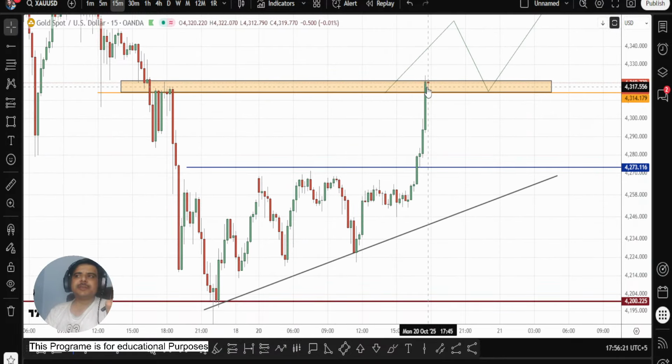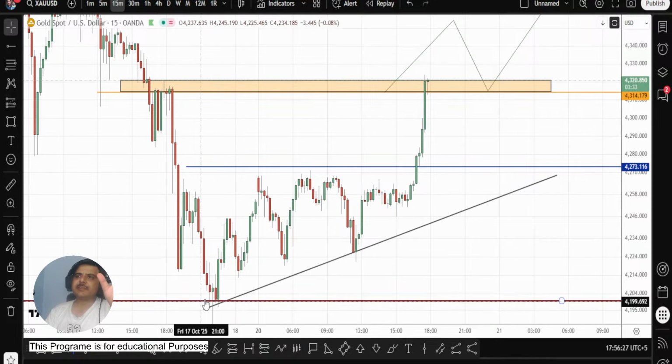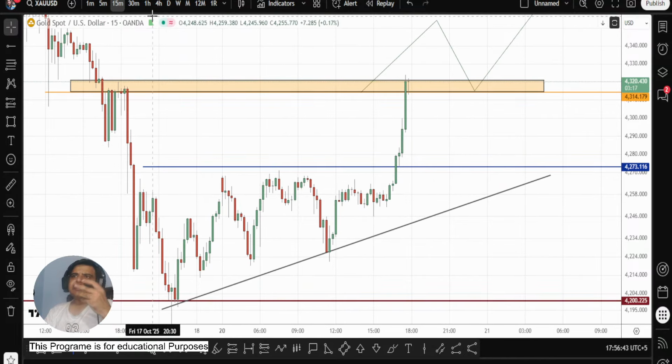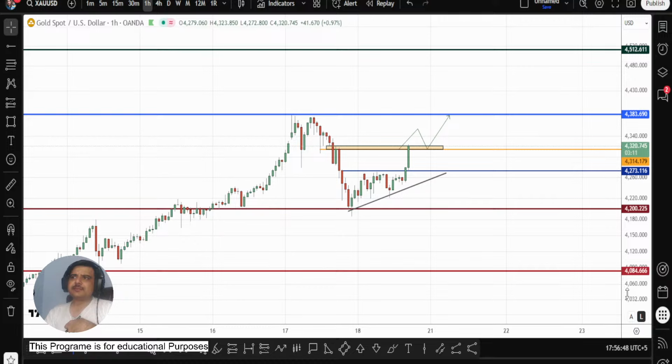This is such a place where, for the position traders, if they entered from right here or maybe right here today, I will say book 20 or 30% and move the stop to break even so that you become completely risk free. Otherwise, if I tell you on the basis of my own emotions, I think this market is still going up. If not a new high, at least 4360, 4380 somewhere, it can go there.